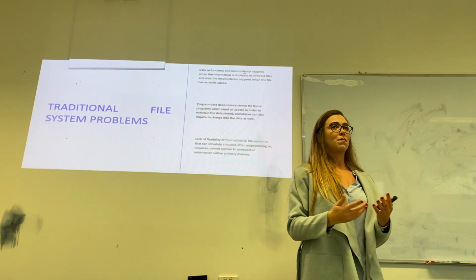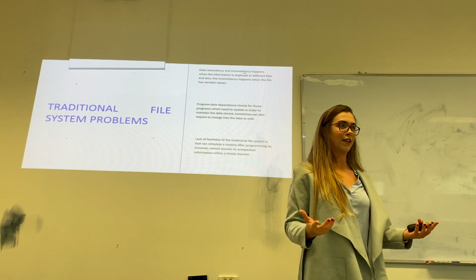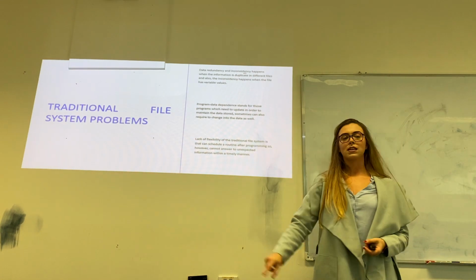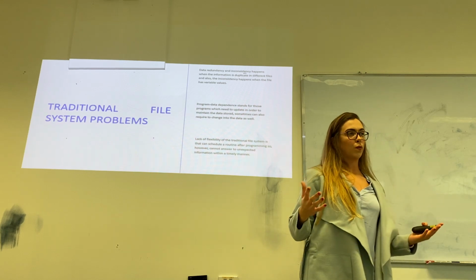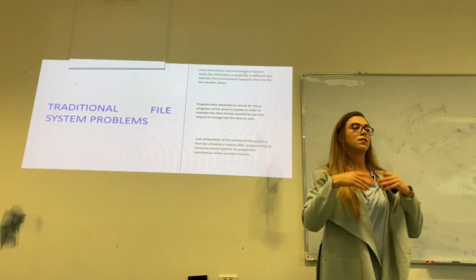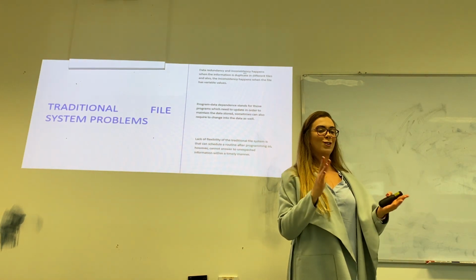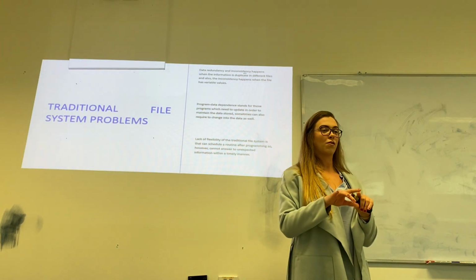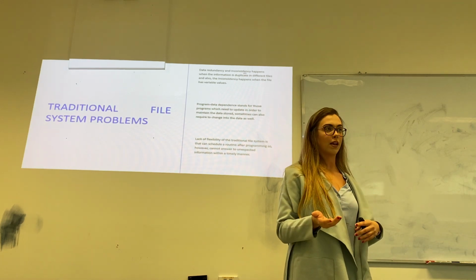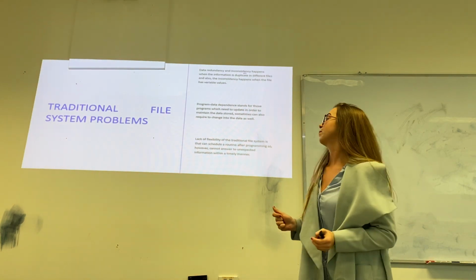Lack of flexibility is because you can schedule your program, but if something unexpected happens, you don't have the flexibility to act straight away, so it takes a little bit of time.